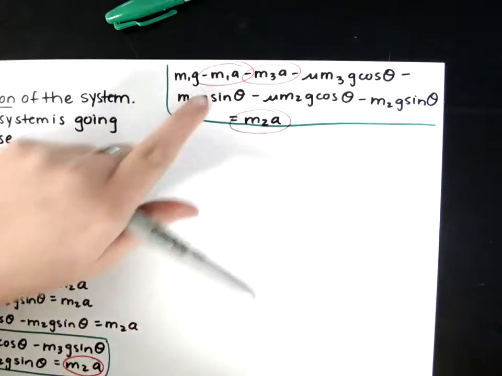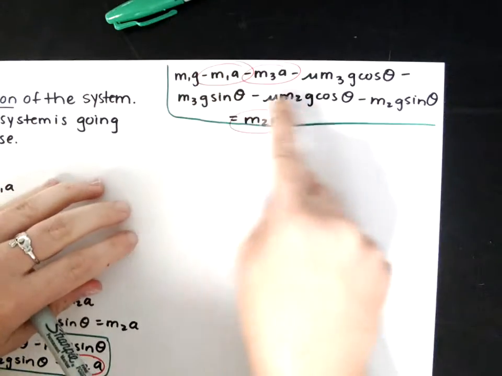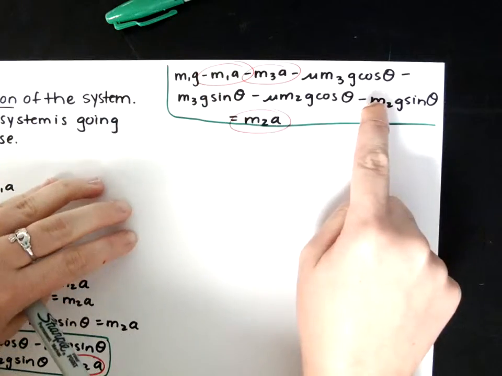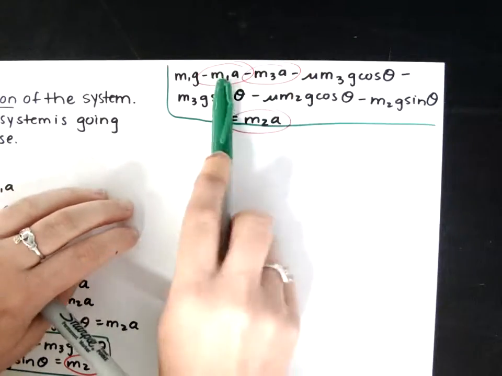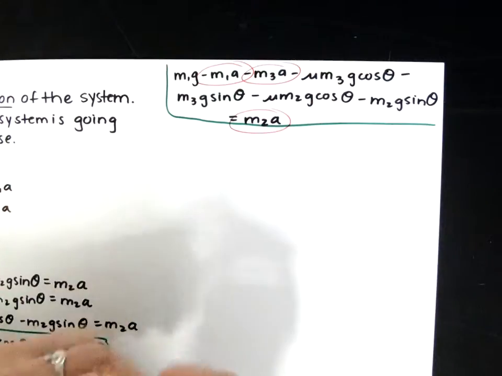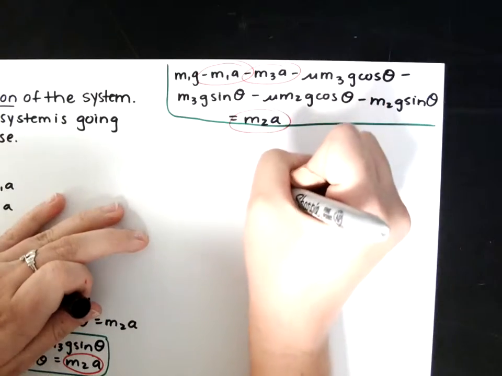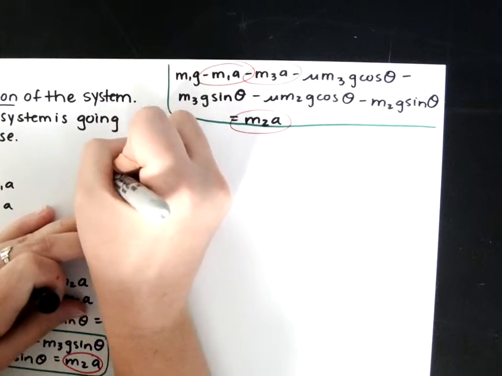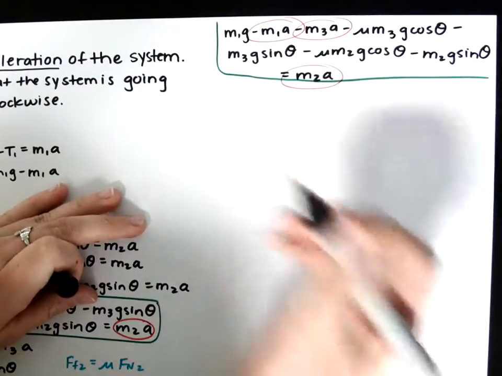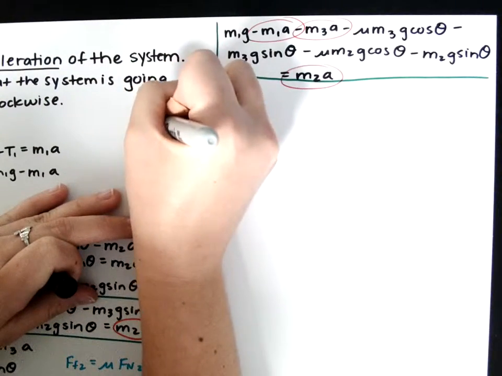So let's add over our M1A. This is our left-hand side of the equation. I know it's all kind of cramped together. And here's our right-hand side on the other side of the equal sign. So let's add over our M1A and add over our M3A. And we get, on our left-hand side, M1G left.